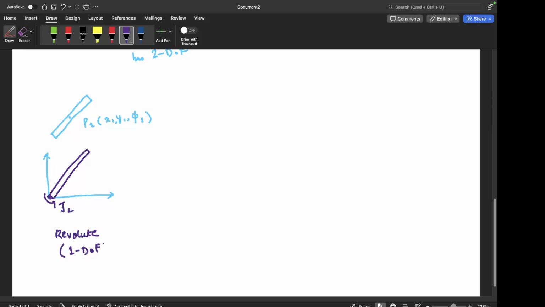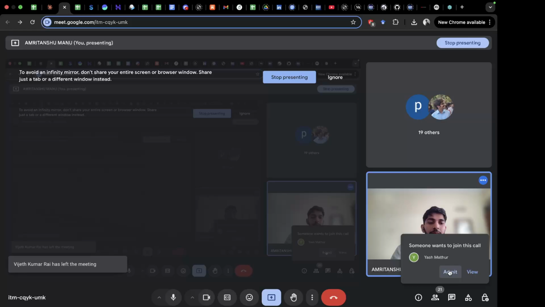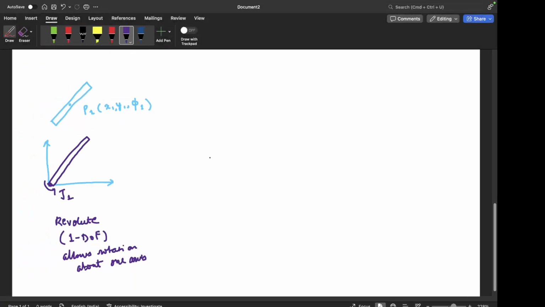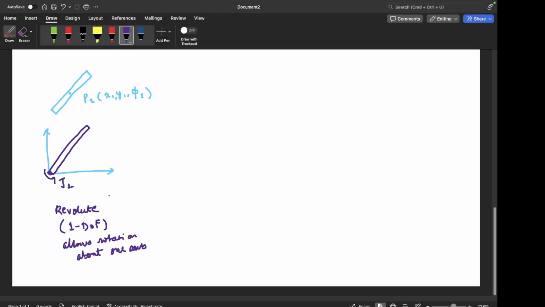It has 1 degree of freedom, allows rotation about one axis. Okay. So a revolute joint allows rotation about a single axis.